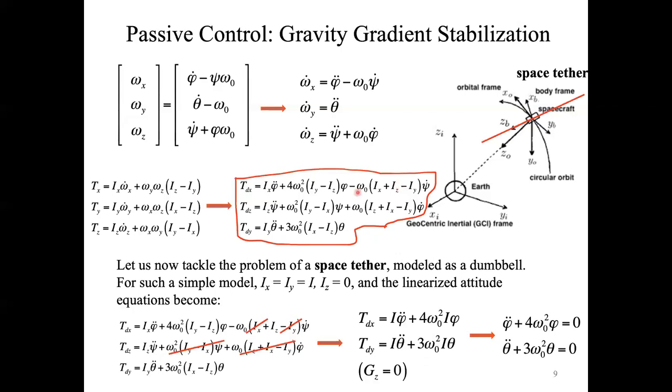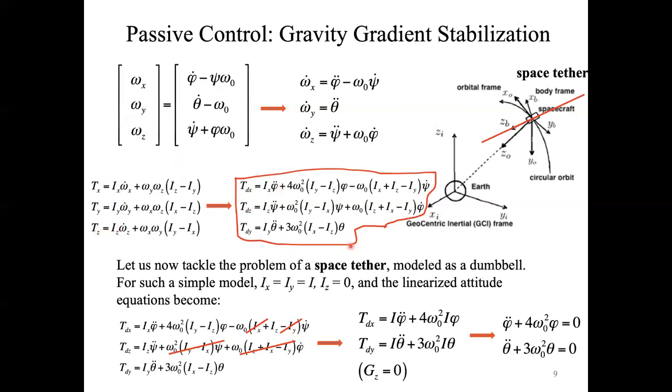We have to be careful that a disturbance is not going to change the orientation of the spacecraft body reference frame by angles that are too large compared to the orbital reference frame. Because if that disturbance is too large, this set of equations will not be valid anymore, and we have to go back to the original set of equations.